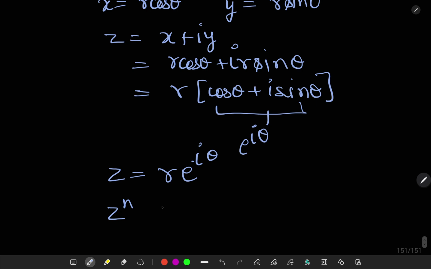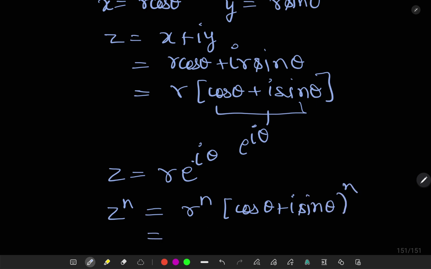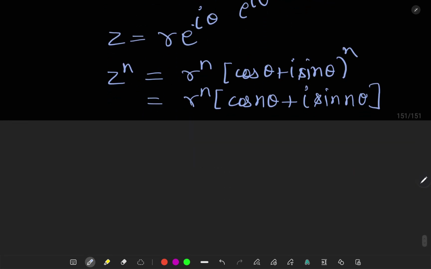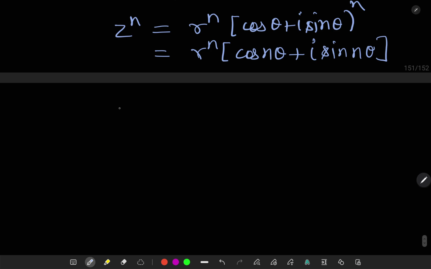For z raised to power n, we can write this. And using De Moivre's theorem, we can write cos n theta plus iota sine n theta, or we can write this.